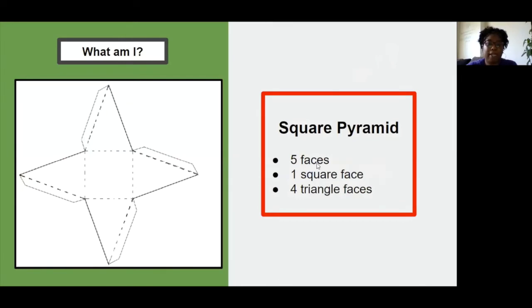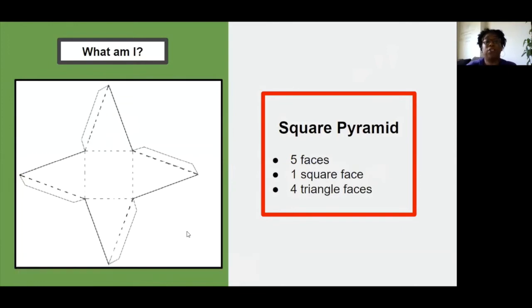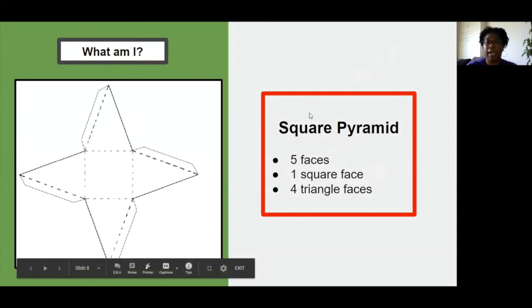Square pyramid has 5 faces, 1, 2, 3, 4, 5. 1 square face as the base and 4 triangle faces. This is known as the net because it's flat. If we were to fold the shape at its edges, it would be a square pyramid. Okay, so the answer is a square pyramid.